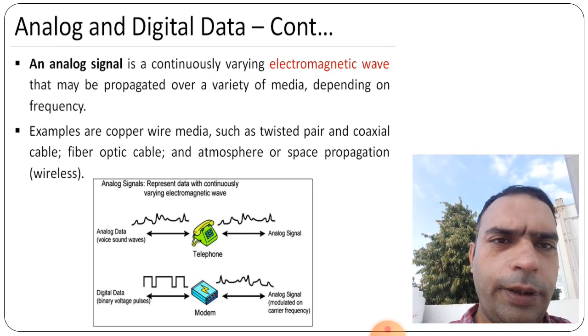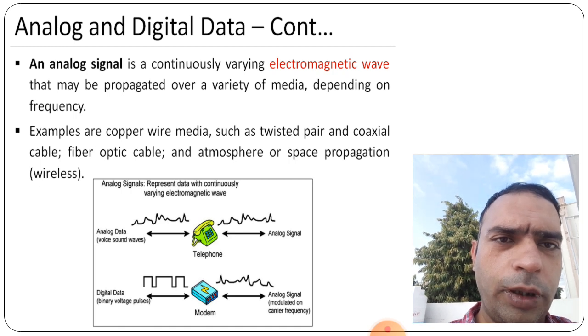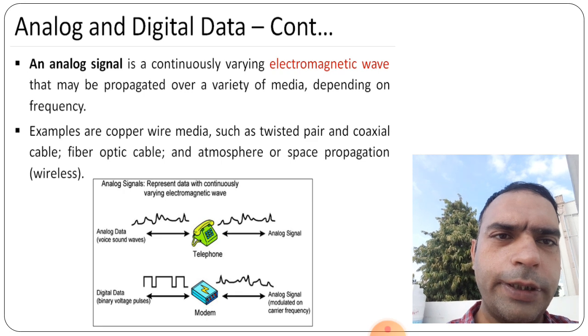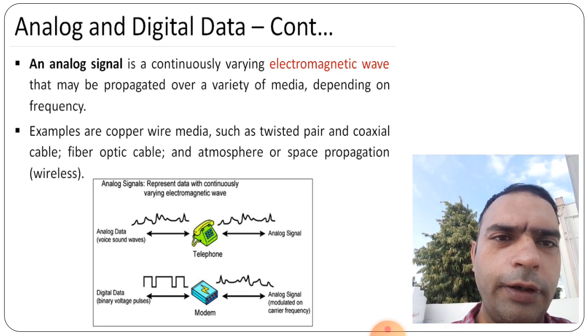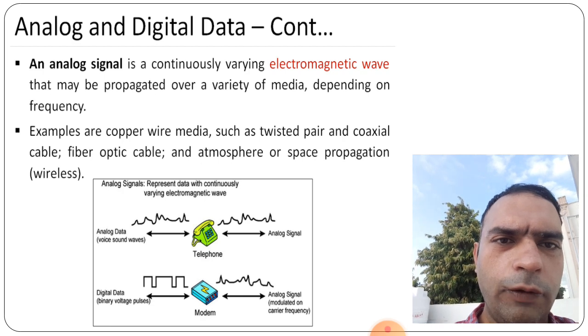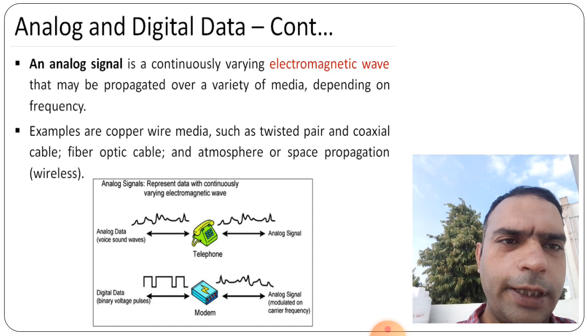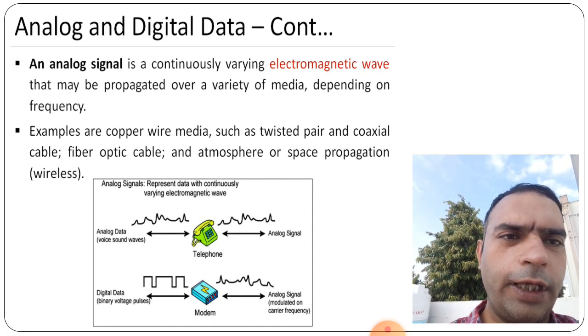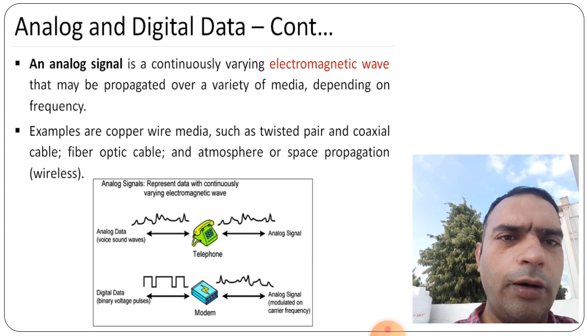So at the bottom we are able to see analog signals representing data with a continuously varying electromagnetic wave. In the telephone, the voice sound waves are seen as an analog part, and the signal received by the telephone is an analog signal.